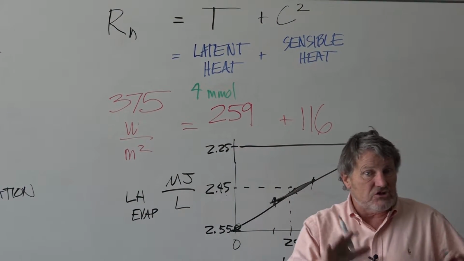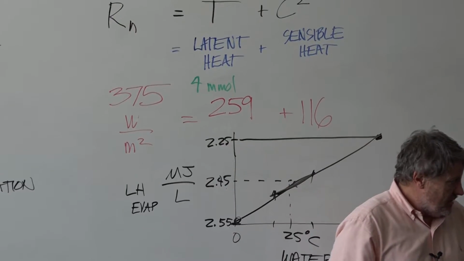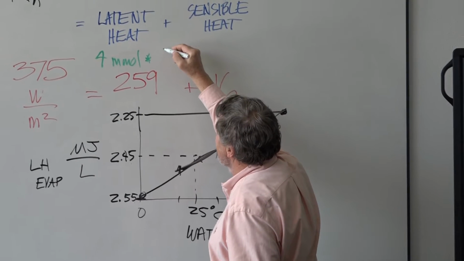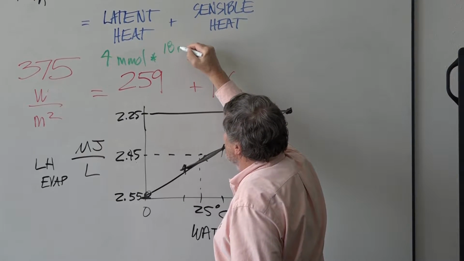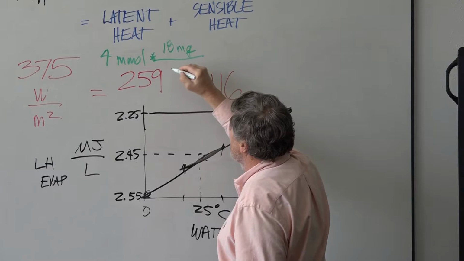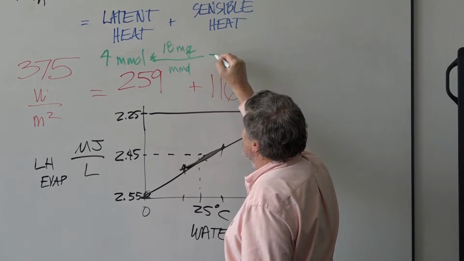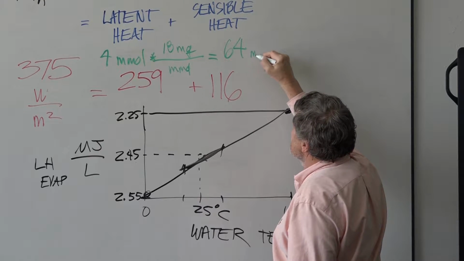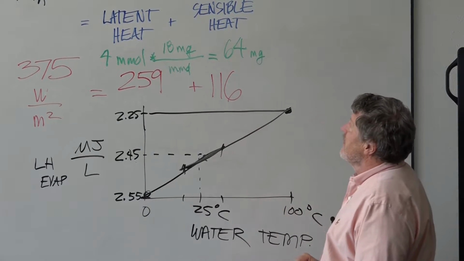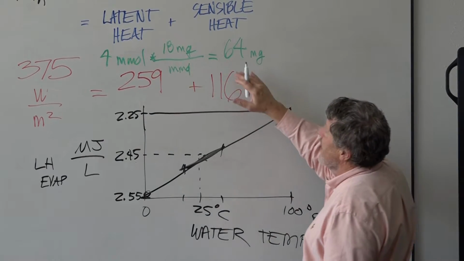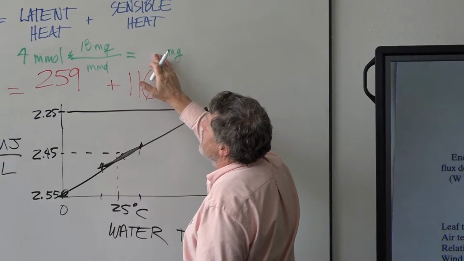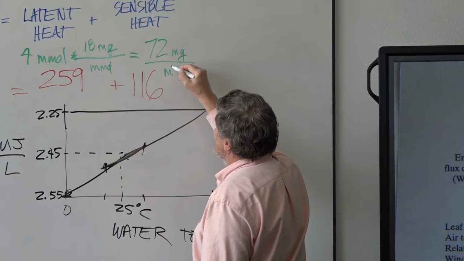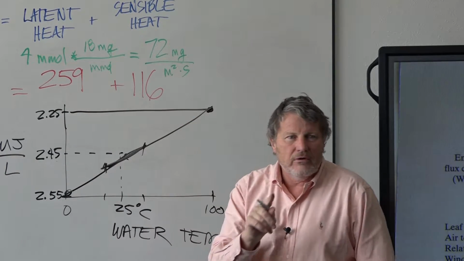This is a transpiration rate measured of the leaf. Now that would have to be measured to get this. Times 18, water is 18 grams per mole. So 18 grams, so 64 milligrams of water, 40, it's more than that, 72? 40 plus 32, 72 milligrams per meter squared per second of water.